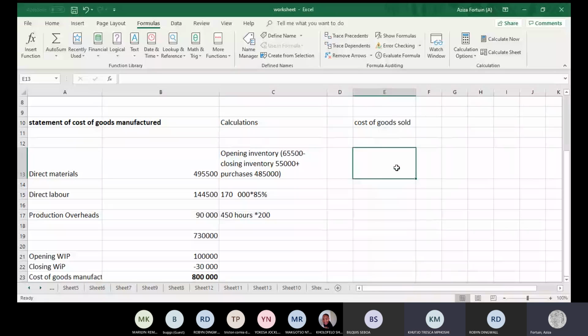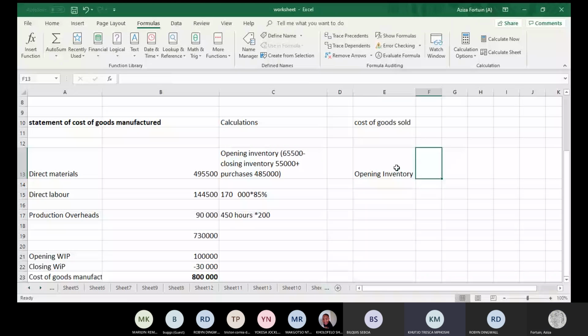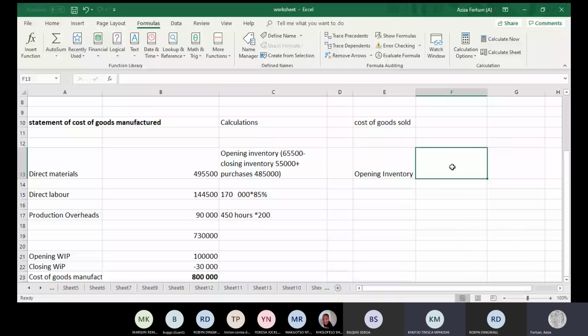Our statement of cost of goods sold for June. So you will have an opening inventory, right? And what was our opening inventory? Remember, this is finished goods, no?